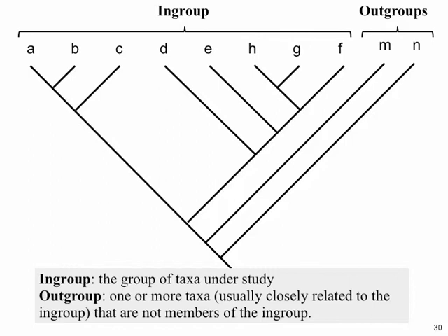So I'll give you an example. If you're studying primate evolution, the human, chimp, gorilla, orangutan group, you could say those are the in-group. And you could pick an out-group being mouse. Now, you may not know that the mouse lineage separated out prior to the existence of the common ancestor of primates.